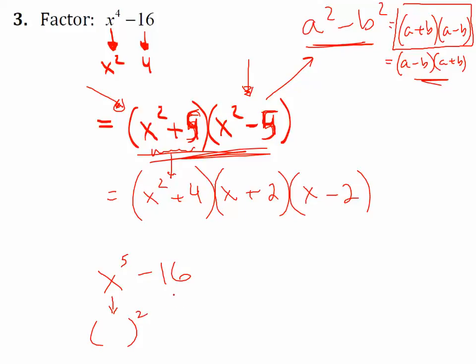How about this guy? Can that be factored? What squares to give you x to the fifth? We already talked about x cubed here. This would be 6, right? Because remember you have to multiply the exponents. None. Okay, none. So this guy does not factor. There's two different ways to write it.